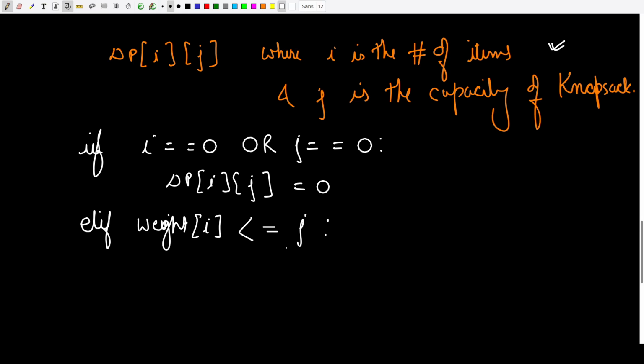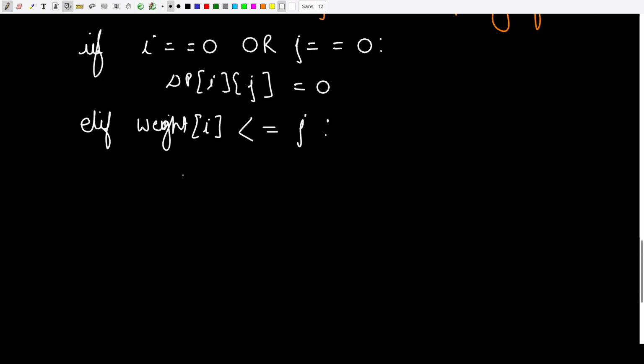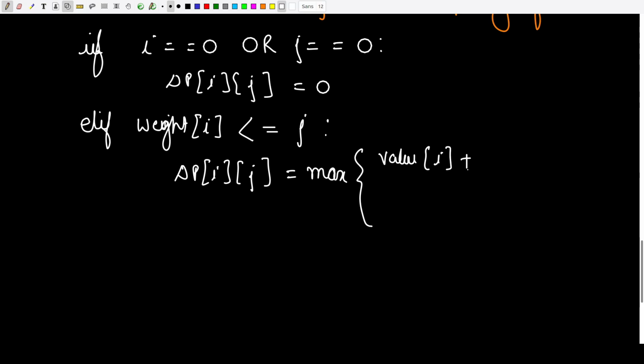So if it is possible to put the ith item into the knapsack, then dp of I comma j will be given by the maximum of putting the ith item into the knapsack, so value of ith item, plus dp of, now the number of items reduced by 1, so I minus 1, comma, what is the capacity of the knapsack now?